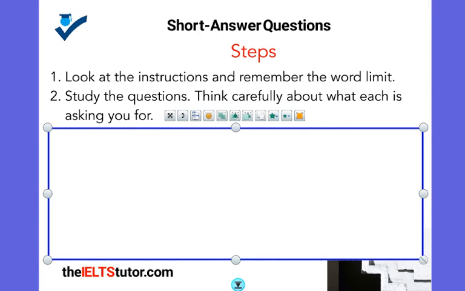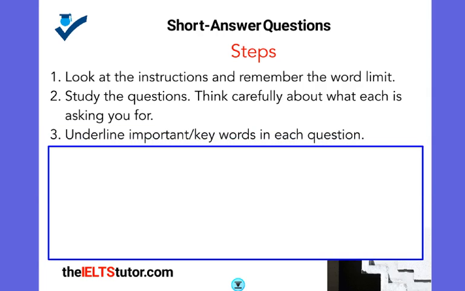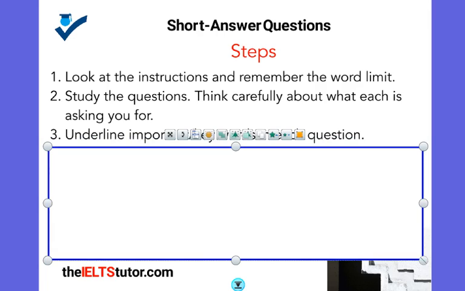If you're doing a practice test, I think it would be useful for you to have a highlighter handy to highlight important keywords in each question. If you are doing this in the real test, use your pencil to underline or circle important words in each question so that when you go back to the question, as you look for the answer or scan for the answer in the passage, you don't have to look for the keywords in the question again. You don't have to waste time, precious seconds in identifying the keywords in the questions again.